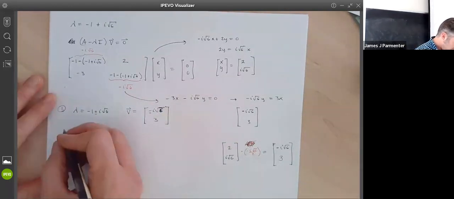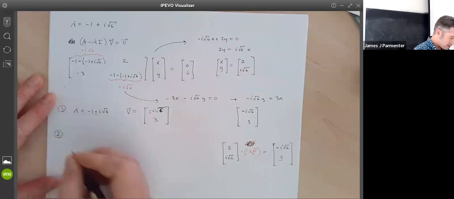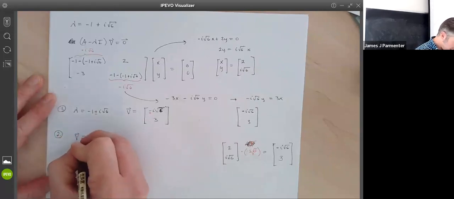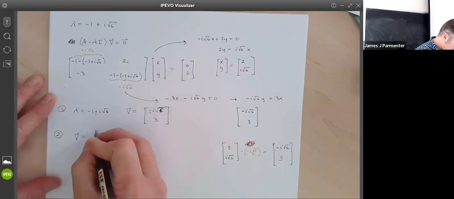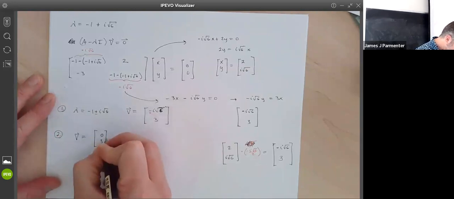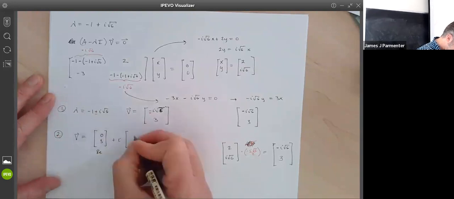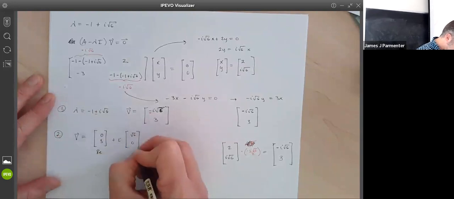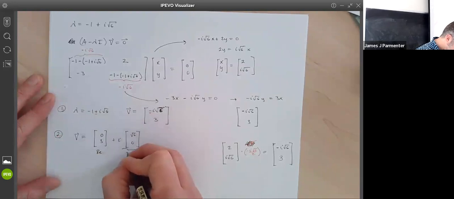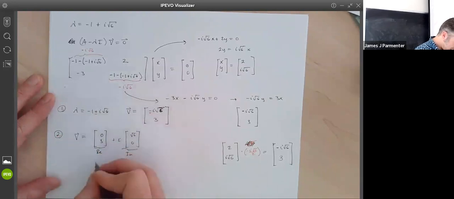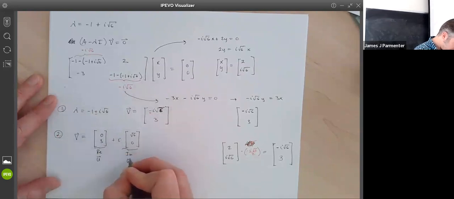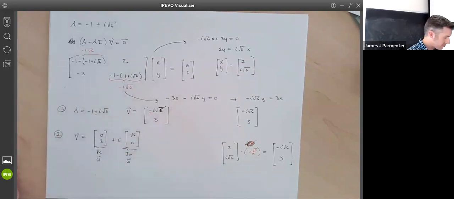So the other thing we need to know is that v is equal to, well, let's see, I've got (0, 3) is the real part, plus i times (root 6, 0) is the imaginary part. And this is my u, and this is my w. Then, just like before, we throw the formula at it, right?